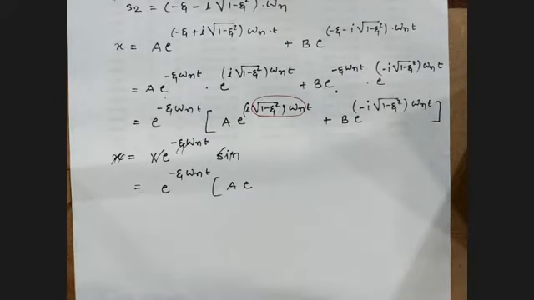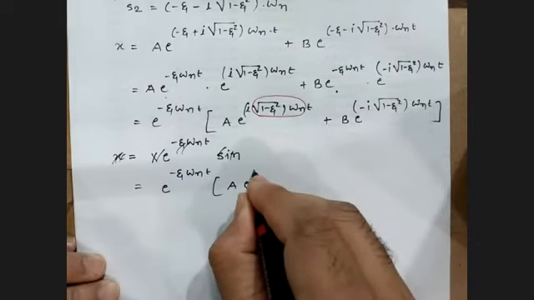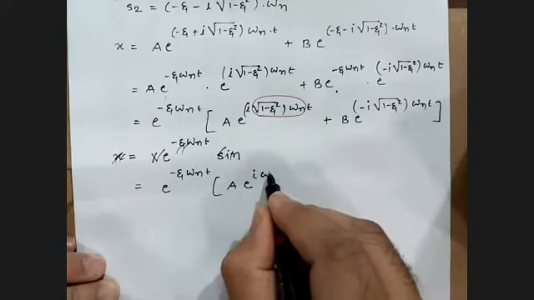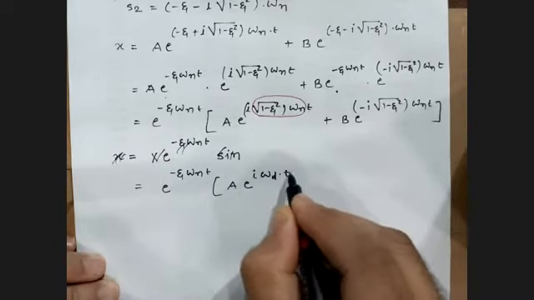So we replace this term with omega d, and i as it is, into t.